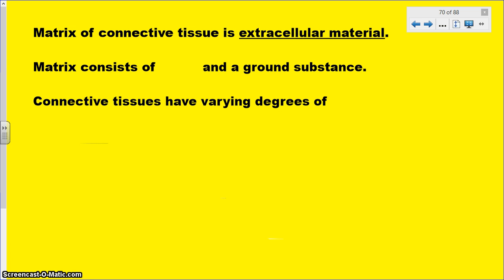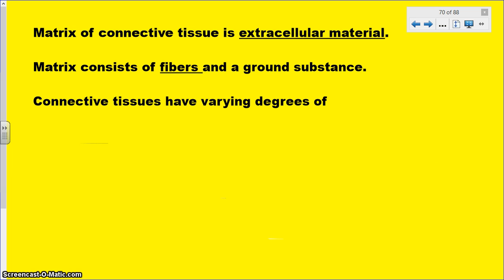They're not tightly packed together like what we saw with the epithelial tissue. And so a matrix is going to consist of fibers, smaller than cells, and some kind of a ground substance. In some tissues it's solid, and it could be liquid.